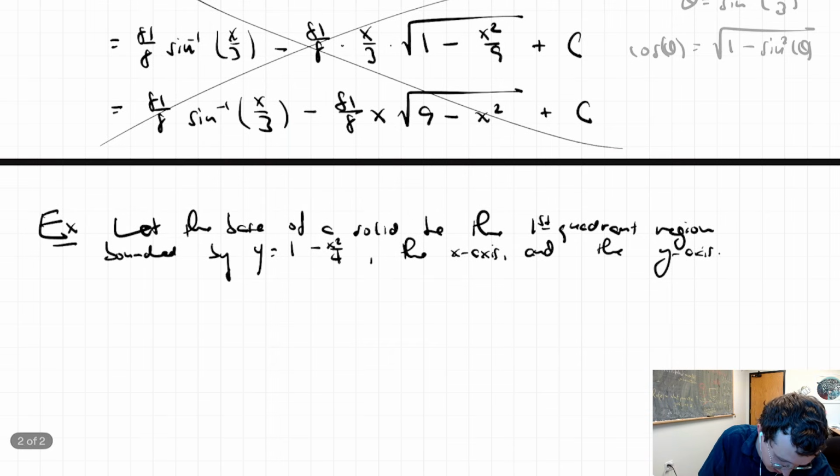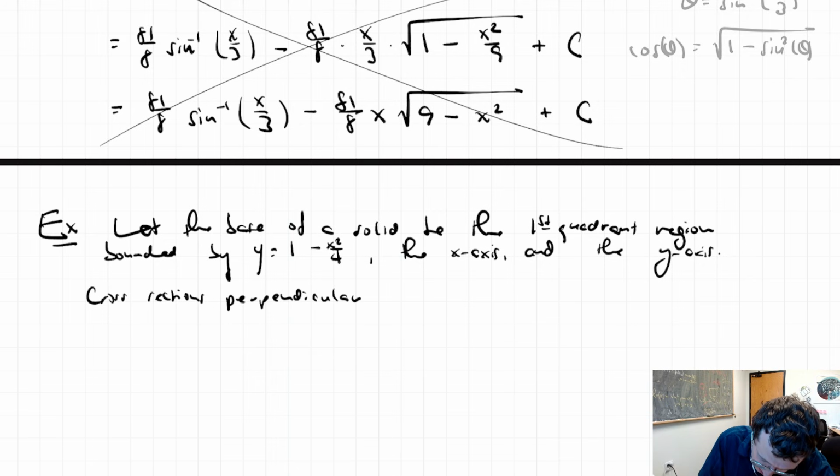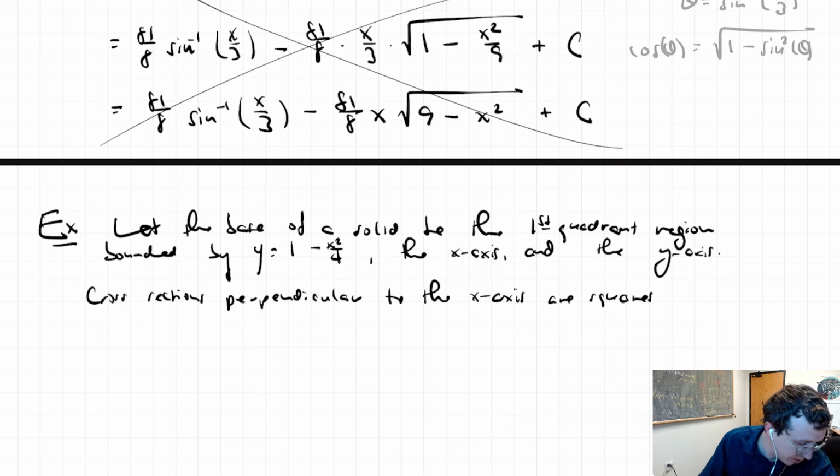And we'll suppose that cross sections perpendicular to the x-axis are squares. And we're going to find the volume.